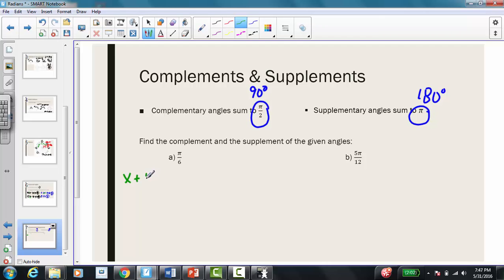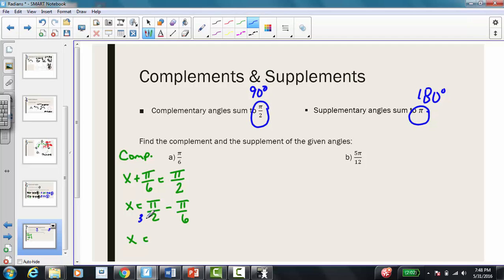So we have x plus pi over 6 needs to equal pi over 2, and that's going to be the complementary angle. So solving for x, I get x equals pi over 2 minus pi over 6. Need to again get a common denominator before I can subtract my fractions.